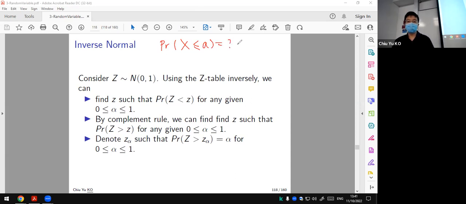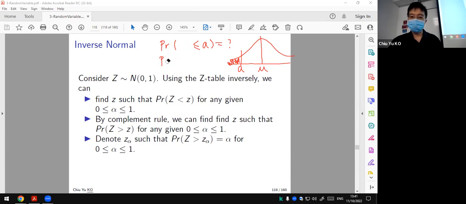I have a mu, I have an A here, and we told you that you can transform this to Z. Maybe I look at Z first, that is easier.